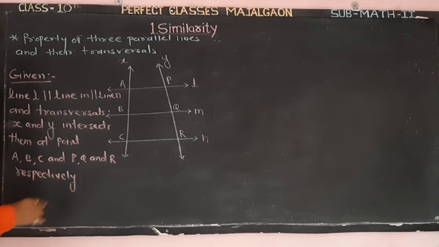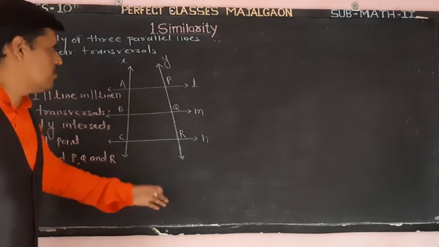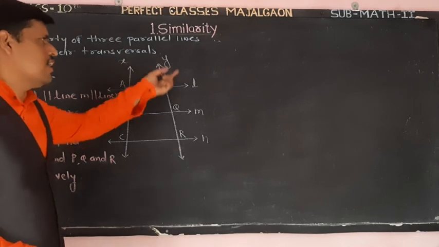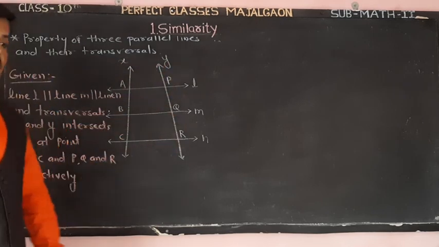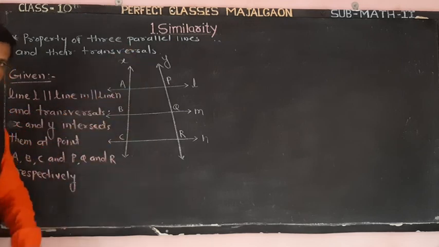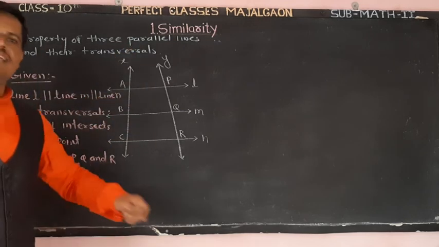Here these two are the transversals. These intersect these three parallel lines at points ABC and PQR. This is the given part of our statement.